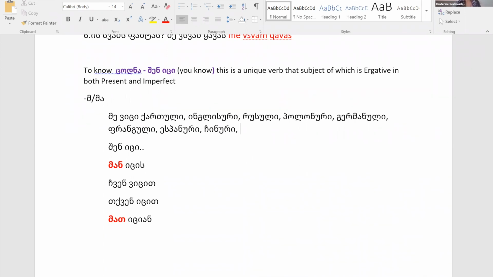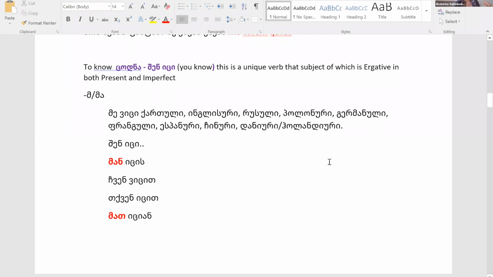Daniuri can be the production, but there's Hollandiuri. Anything else? We can stop here. Okay, we have quite a list of languages here: Kartuli, Inglisuri, Rusuli, Polonuri, Germanuli, Franguli, Espanuri, Chinuri, Hollandiuri.